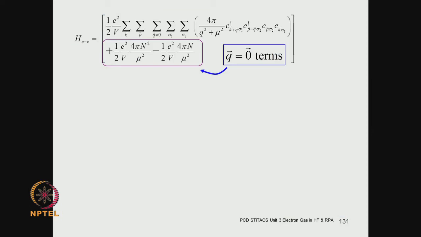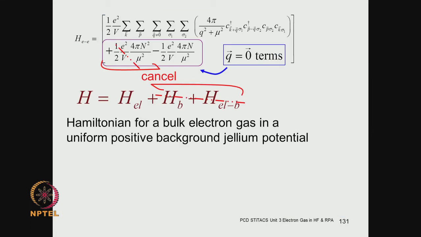So, we have the q equal to 0 term. This part of the divergence cancels the background and the electron background Hamiltonian. This part is taken care of when you take the limit V going to infinity. Having done this, now this term is also lost, and now we take mu going to 0.